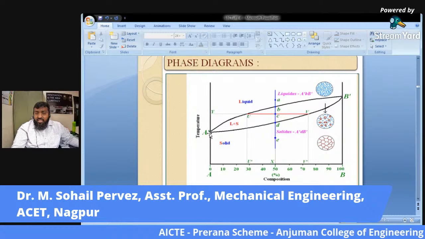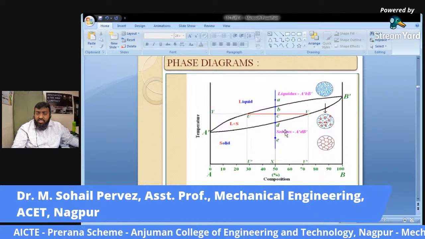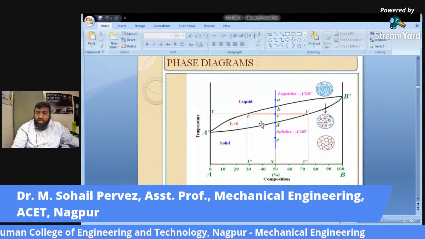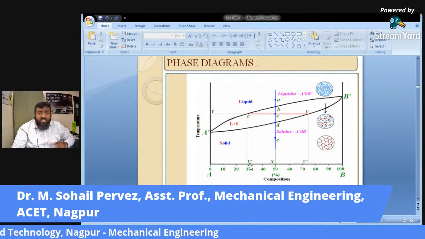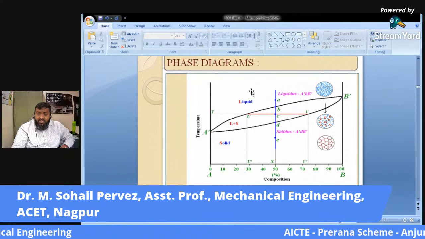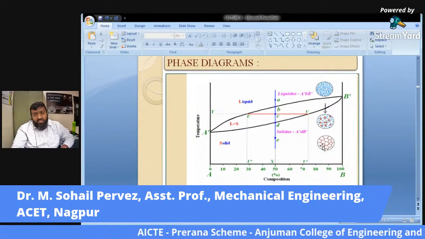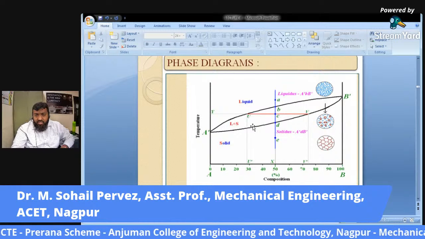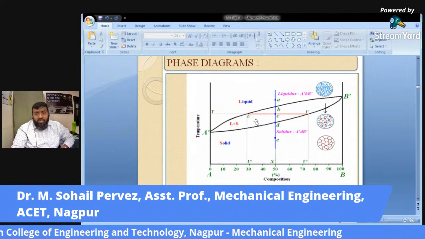The curve A' B', above this particular region, separates two basic phases, that is the liquid phase of the components and the solid phase of the components, wherein this particular region shows both the liquid as well as solid.